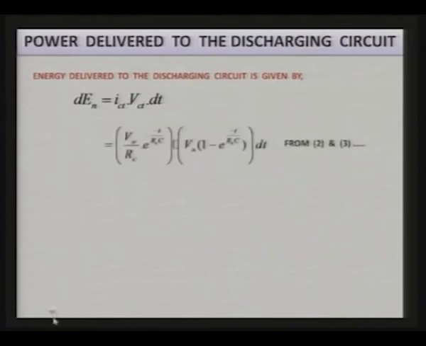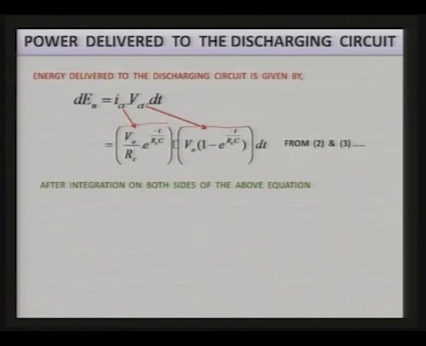If we substitute the value of I c t from the previous slide and V c t from the previous slide, then you will get V 0 over R c e raised to power minus t over R c C multiplied by V 0 times 1 minus e raised to power minus t over R c C into dt, that you can obtain from equations 2 and 3. So, this is the value of the I c t, this is the value of the V c t.